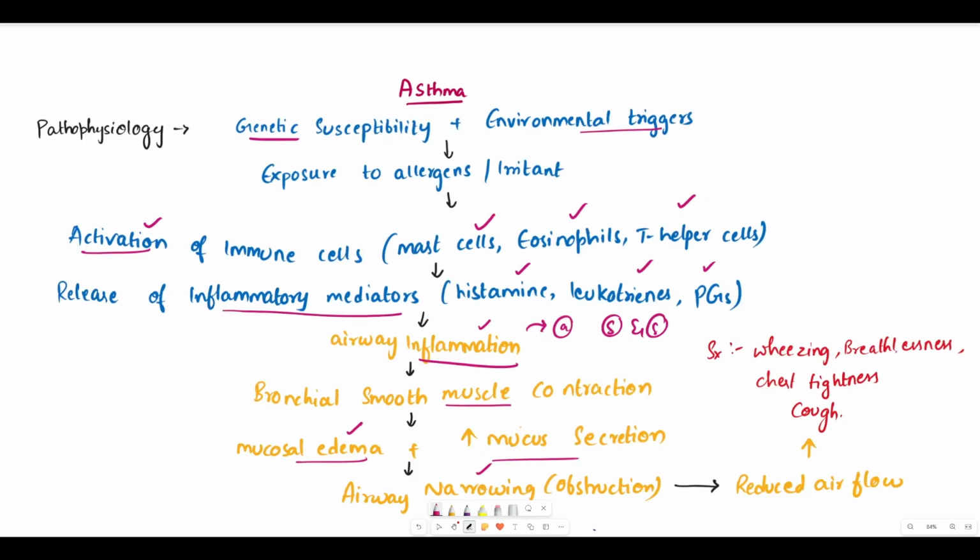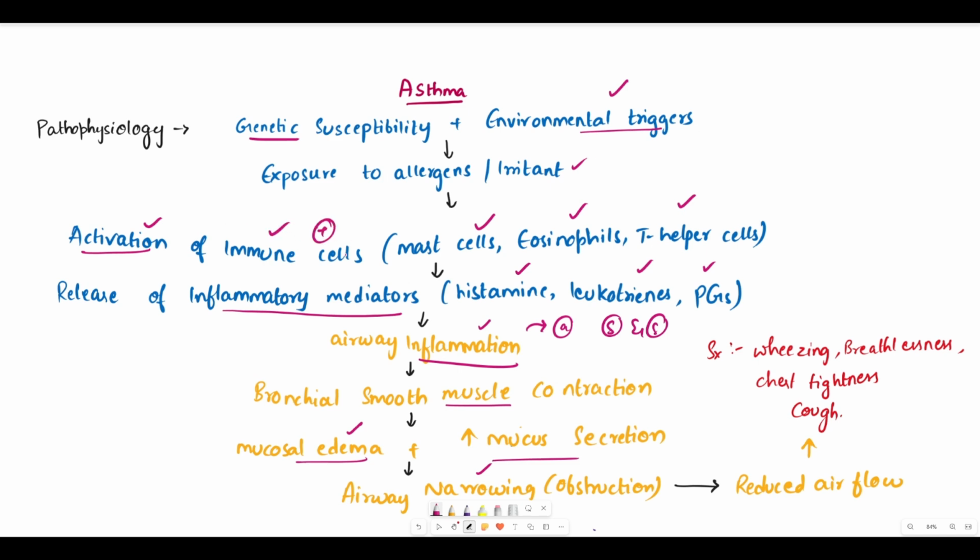Now let's try to understand the pathophysiology of asthma in the easiest way. First, imagine a person who is genetically prone to asthma. Now when this person gets exposed to environmental triggers, that can be dust, pollen, smoke, or any kind of allergens or irritants, what happens? His immune system gets activated.